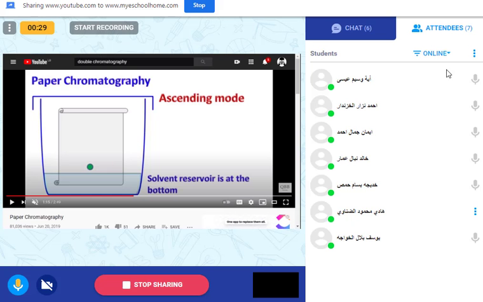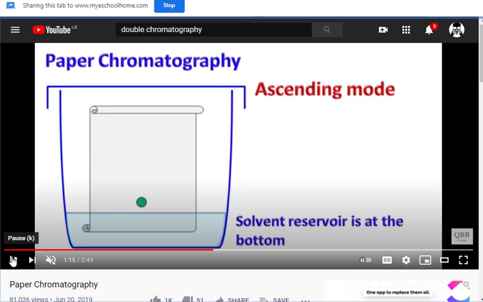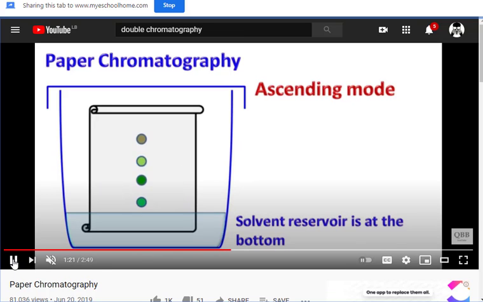Will all amino acids move at the same speed, the same distance? Do you expect this? That they move the same distance? No. You see?